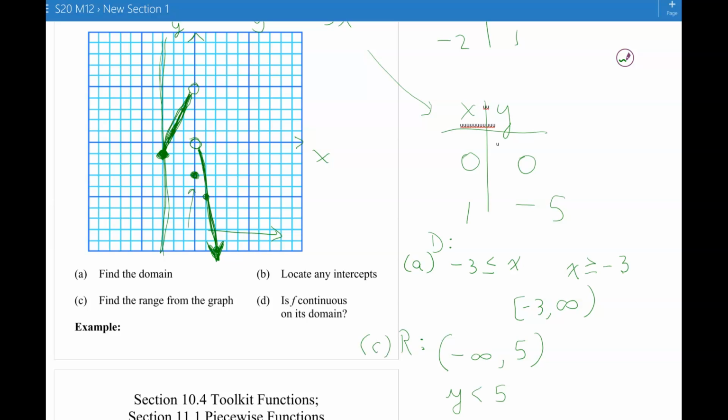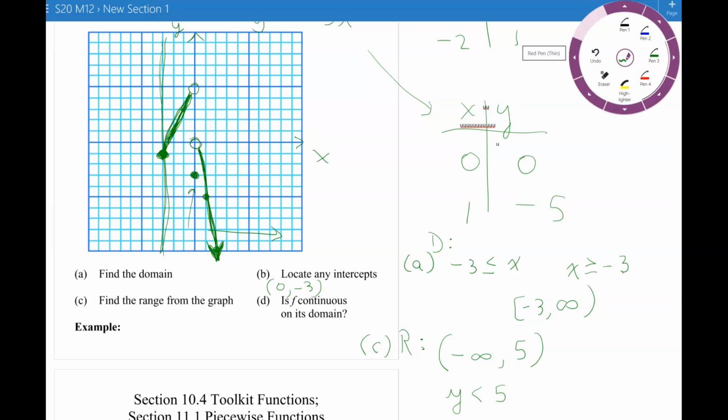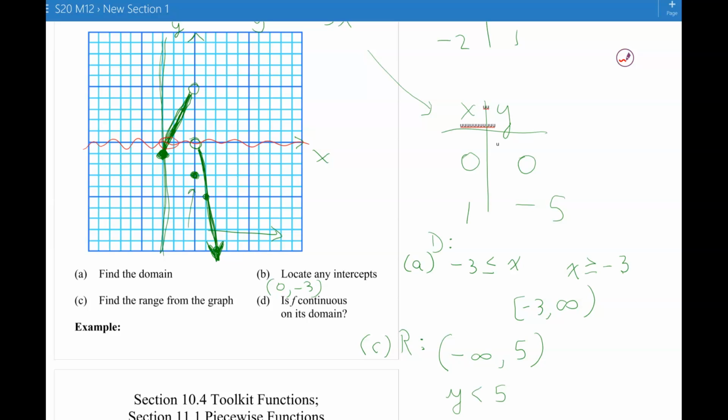Then locate any intercepts. So look at the x-axis. Do you see any points on the x-axis? Oh, there's another one here that we need to find. And then look at the y-axis. And here is the y-intercept, (0, -3). So let's see how we find this x-intercept.